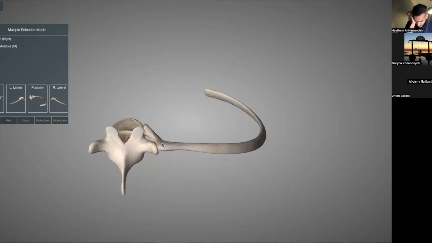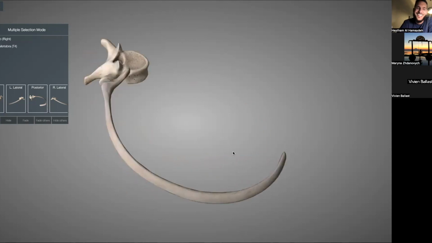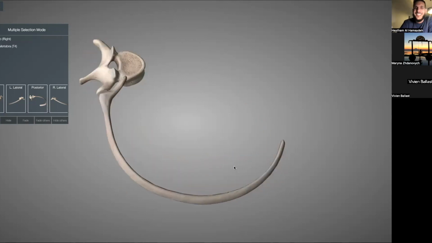This ligament is the costotransverse ligament. So you're done with the tubercle.